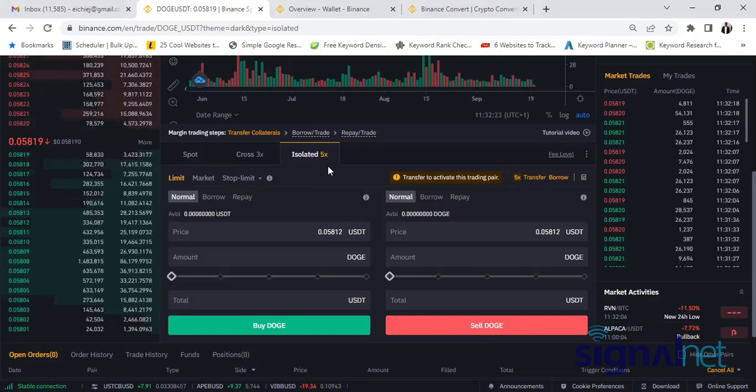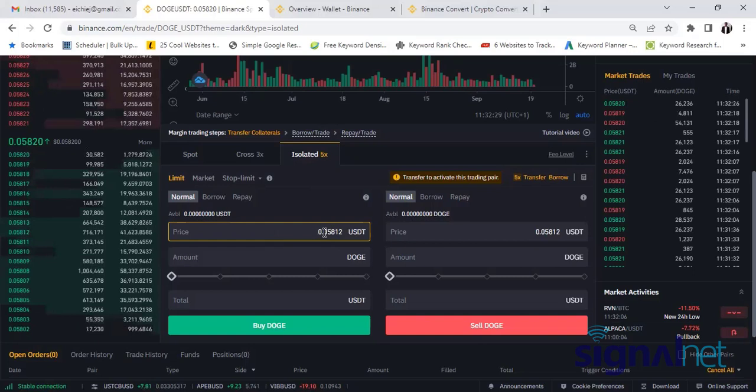What does this mean? Let's say, for example, this Doge now, the price of one Doge is 0.0051, which is quite less than $1. Let's say all I have is $100.